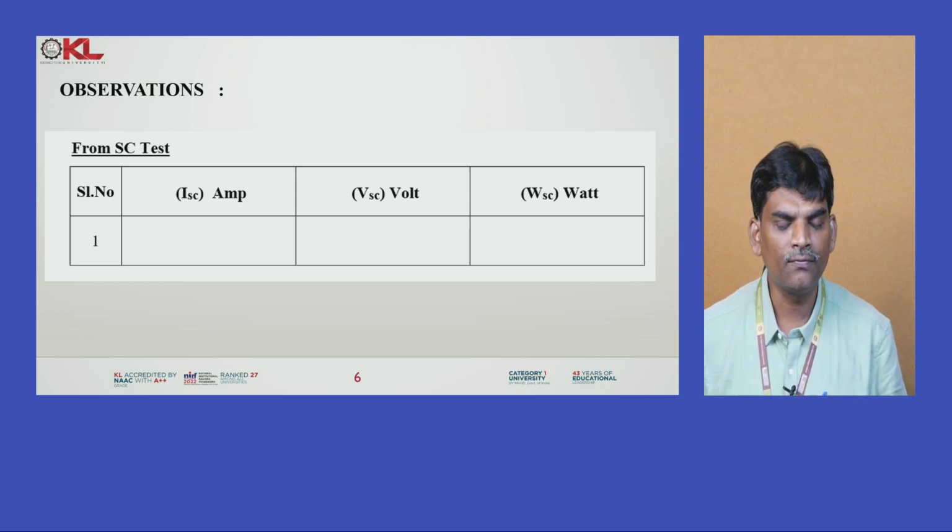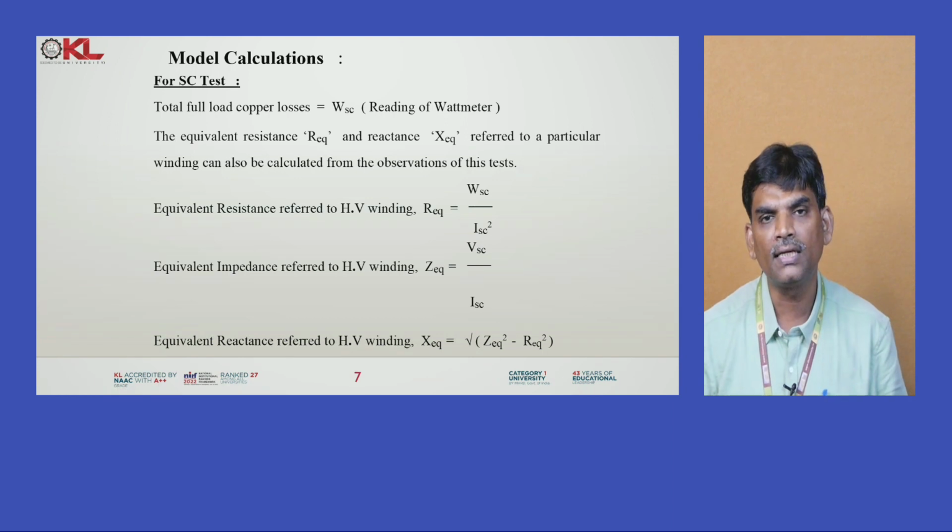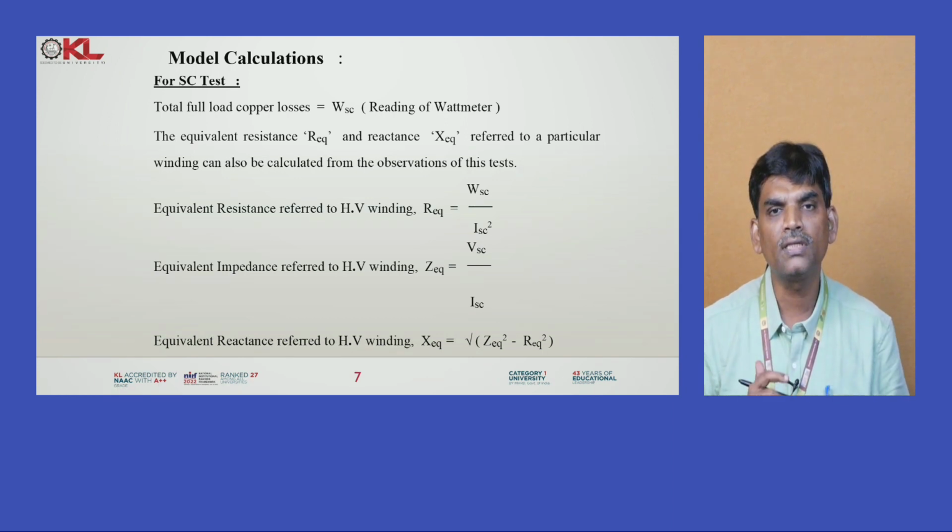Under rated current, we note down the current ISC, and under short circuit condition at rated current, how much voltage is applied, that is called VSC, and how much power is consumed, that is noted by the wattmeter as WSC in watts.